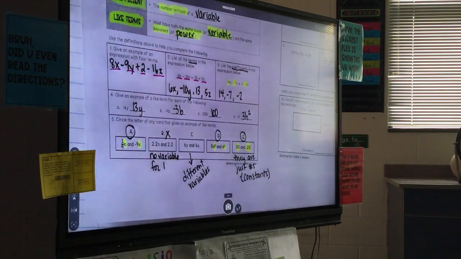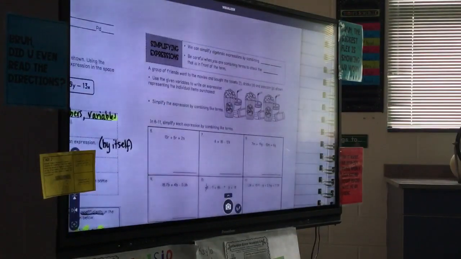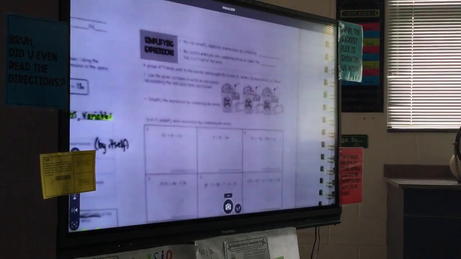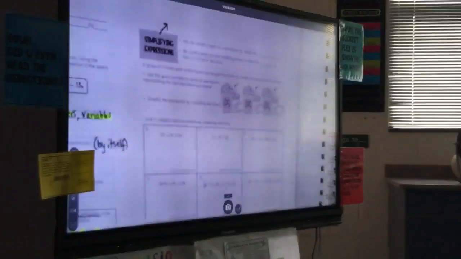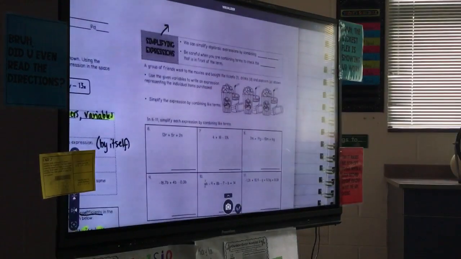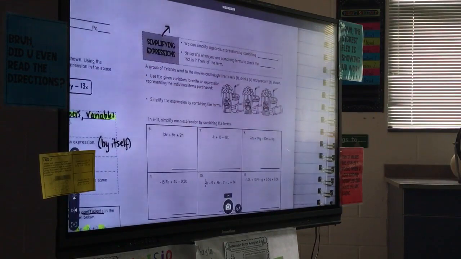All right, so we have not even actually started talking about simplifying expressions. We've just talked about all the different types and parts of the expressions. So slide up to the top part of the next right side. When you simplify anything, what does simplify mean? When you are simplifying, what are you doing? Raising your hands.